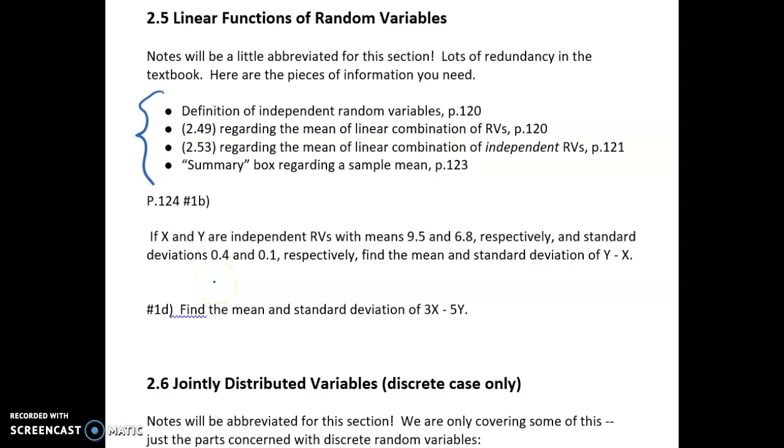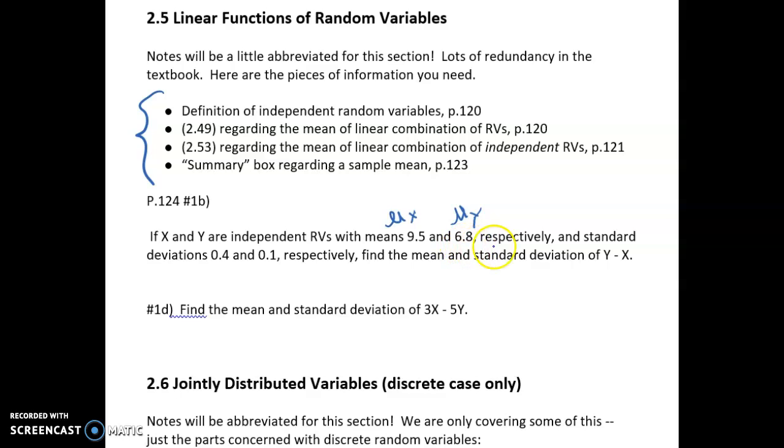All right, so hopefully you have those. You're not going to understand what's going on if you do not have those, so go get them. So on page 124, number 1b: if X and Y are independent random variables with means 9.5, this is the mean for X. I've just avoided having to type out these symbols, it takes forever to do.